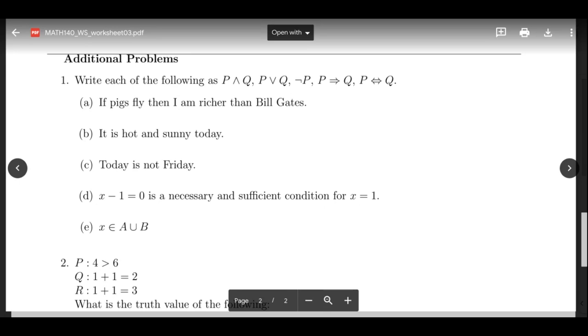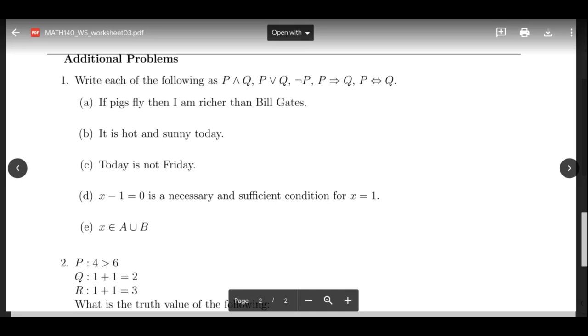Do you see that clearly? P implies Q form. There's no if and only if. If we changed this to if and only if, it would be pigs fly if and only if I'm richer than Bill Gates. Does that make sense to you? But here we only have if pigs fly, if P, then I'm richer than Bill Gates, then Q. So that's a P implies Q form.